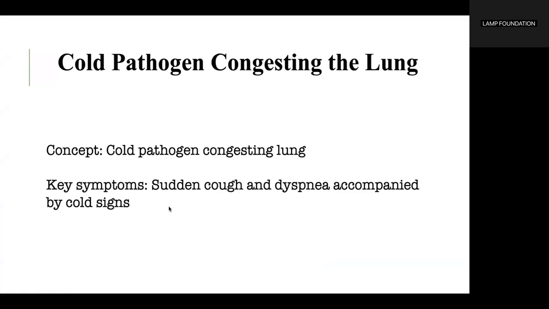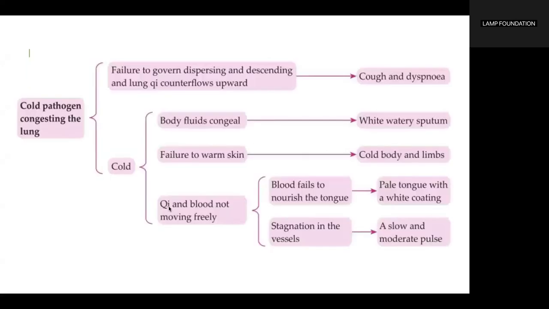So the concept here is due to a cold pathogen congesting the lung. Key symptoms: sudden cough and dyspnea, accompanied by cold signs. Clinical manifestations are cough, dyspnea, white watery sputum, cold body and limbs, pale tongue with white coating, and a slow and moderate pulse.